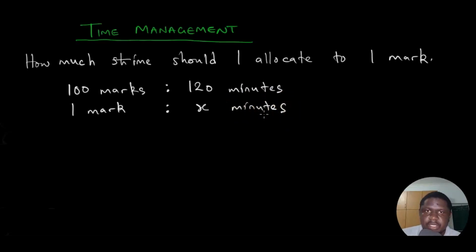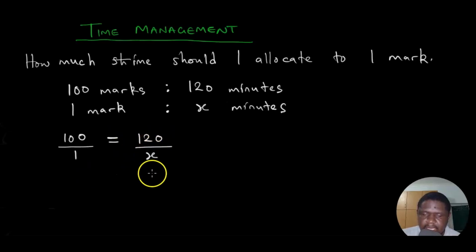So this is the proportion we are going to do. Solving this is not difficult. We are going to make a fraction out of the left hand side, then the right hand side, and out of everything we make an equation. So we say 100 over 1 is equal to 120 over x, like this.